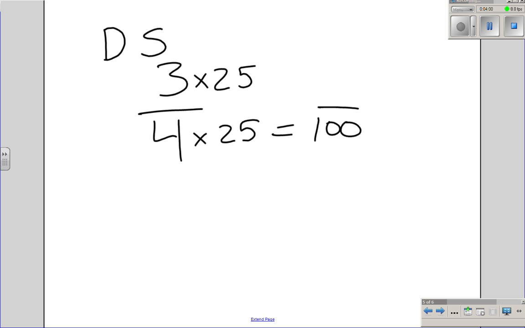3 times 25, 75. How do you say this fraction?